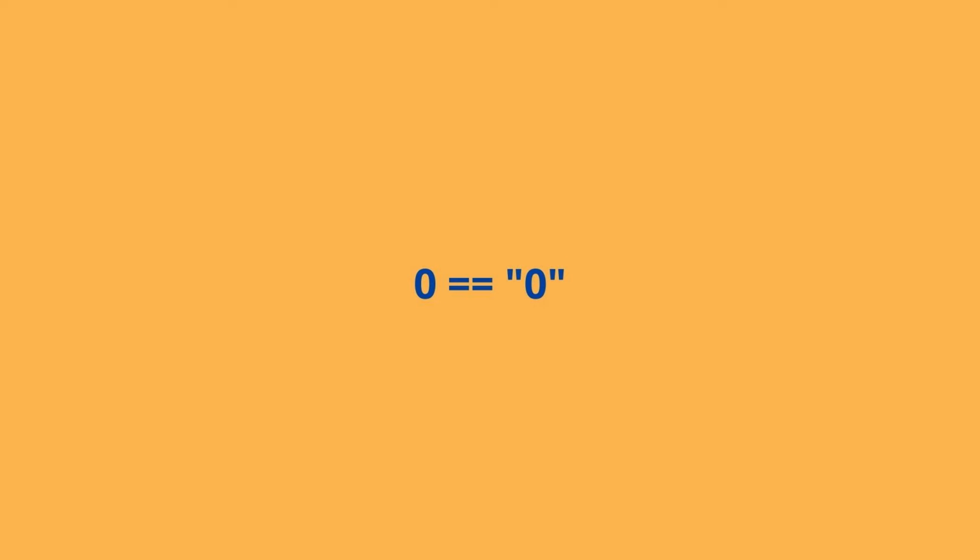This is because the string 0 will be coerced to the integer type, and then the comparison performed would be the number 0 compared with the number 0. On the other hand, if we perform the same comparison, but using the strict equality operator, the return value would be false, because the strict equality operator does not perform any type coercion.